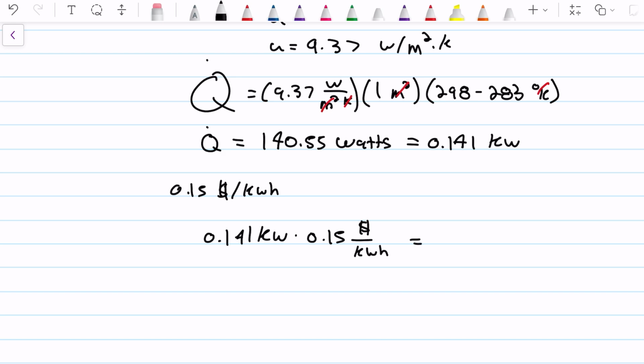We're going to get 0.0211, and then our kilowatts cancel, and we're going to get dollars per hour.